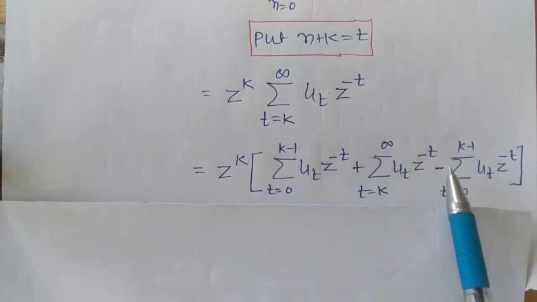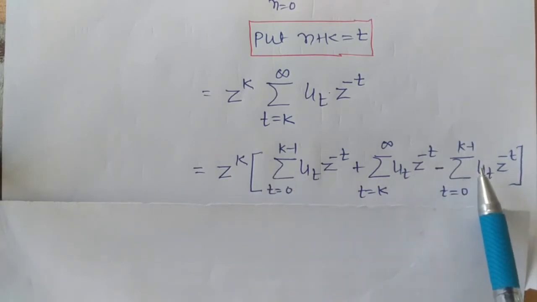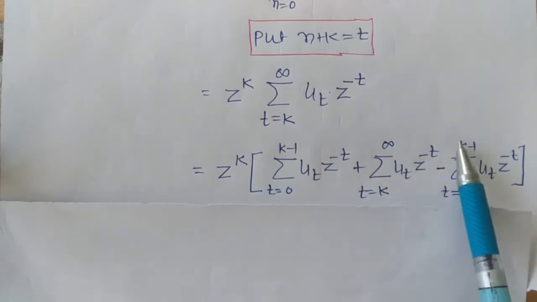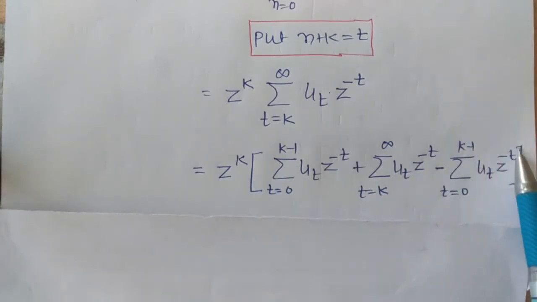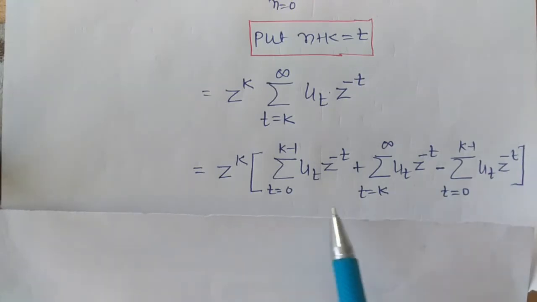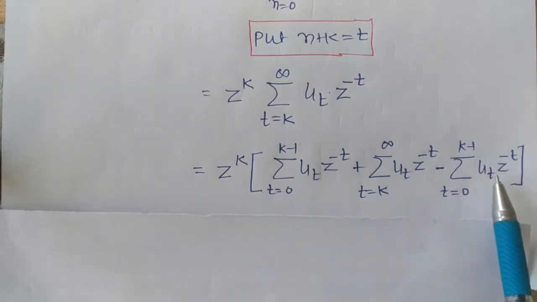Now we subtract the same term which we add. So we have minus summation t equal to 0 to k minus 1 u_t z^(-t). Now all the terms are same.